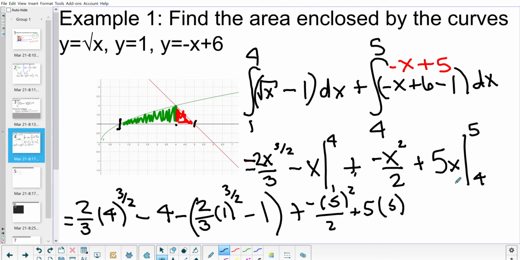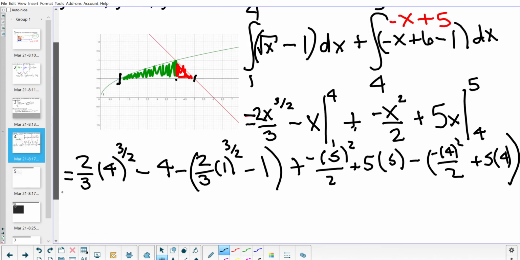Okay, and then that's just evaluating the 5. Now I have to subtract and plug in the 4, so minus parentheses, negative 4 squared over 2 plus 5 times 4. Okay, go ahead and pause, plug that into your calculator and see what you get.